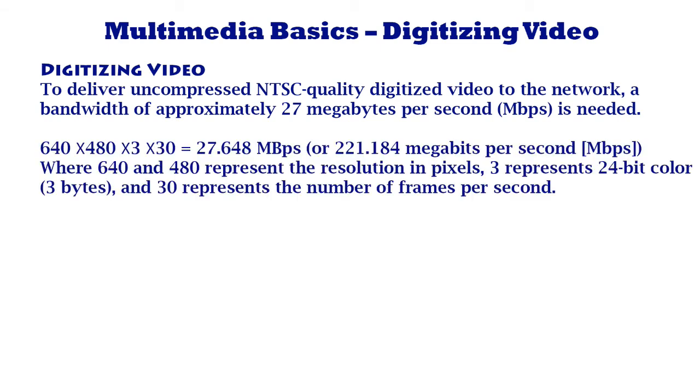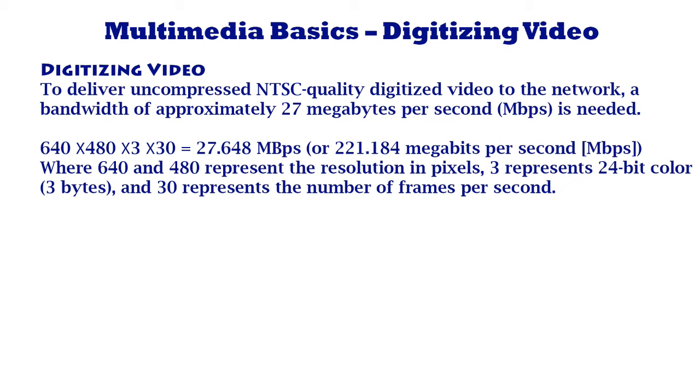This number is derived from the calculation 640 times 480 times 3 times 30, which is equal to 27.648 MBps or 221.184 megabits per second, that is Mbps.